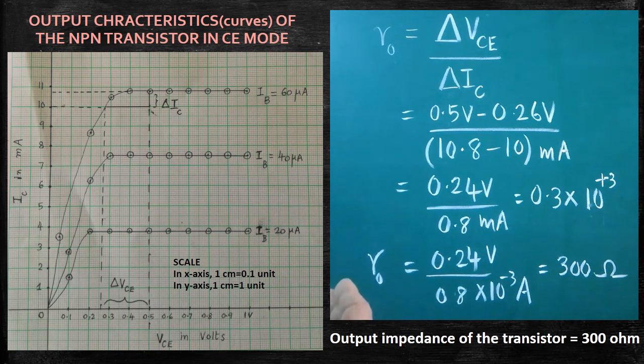Finally, we could come to a conclusion that when the transistors are connected in common emitter mode, that common emitter mode will be the best one. Are you clear? Such kind of CE mode configuration is chosen for constructing oscillator circuits and amplifier circuits. Okay.